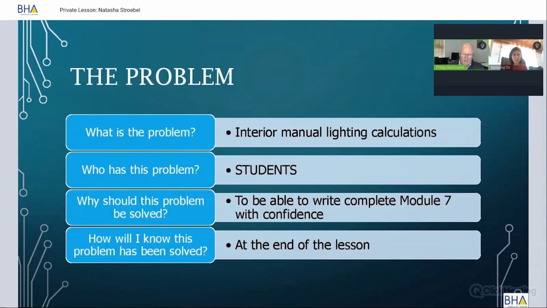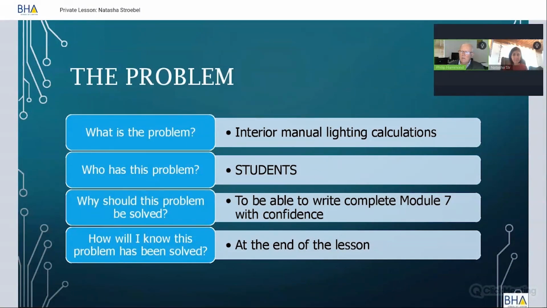This is something all students have a problem with. It's something that many other people have a problem with because they don't have the ability to do anything about it. But our students will have that ability.